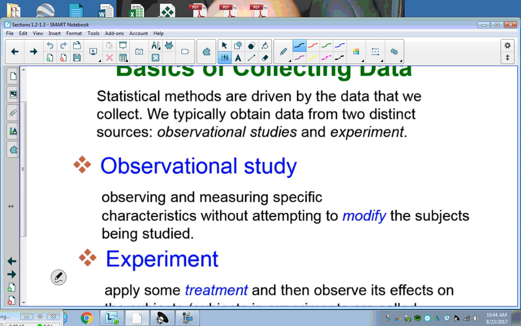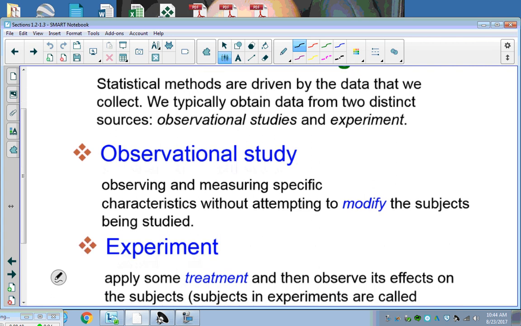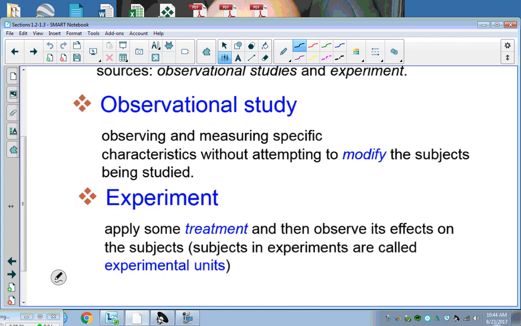Difference between the types of studies. There are two types, observational study and experiment. So the way to tell them apart is did we do anything to those subjects, whoever they were.